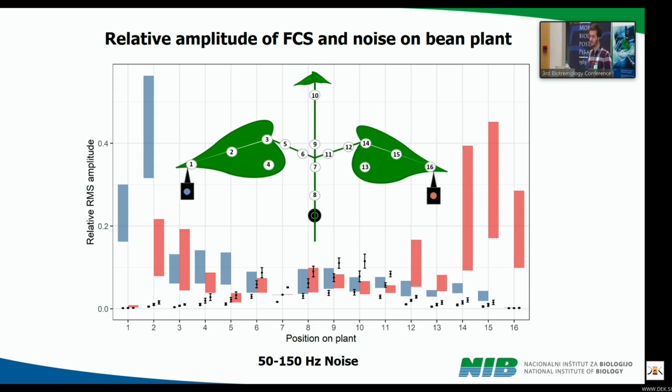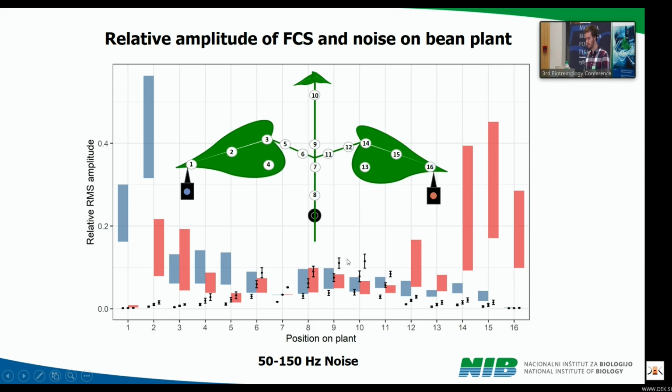We measured the amplitude of the female calling songs on all of the noises on these 16 positions on the plant that you see on the slide. The positions are on the x-axis and the relative amplitudes are on the y-axis. The blue and red bars represent 95% confidence intervals of the calling song amplitude averages for 6 different plants.